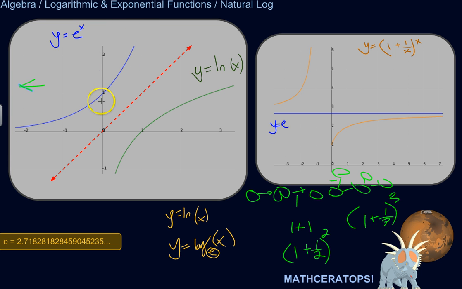So it goes from 0 to infinity, which means the domain of the natural log goes from 0 to positive infinity. So going this way, it approaches the y-axis here, which is x equals 0, but never quite gets there. The range, on the other hand, is from negative infinity to positive infinity.